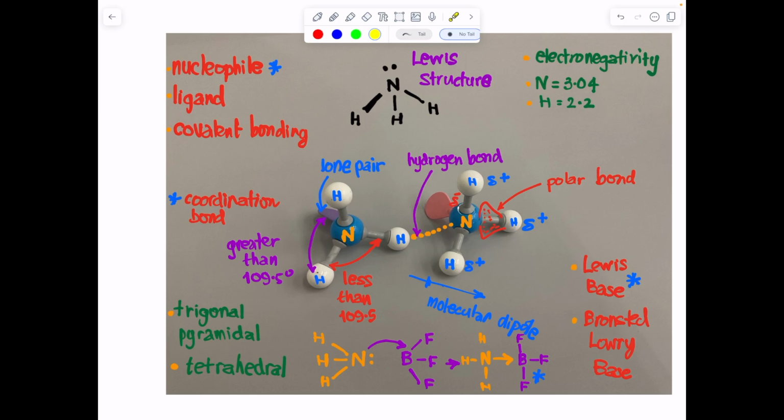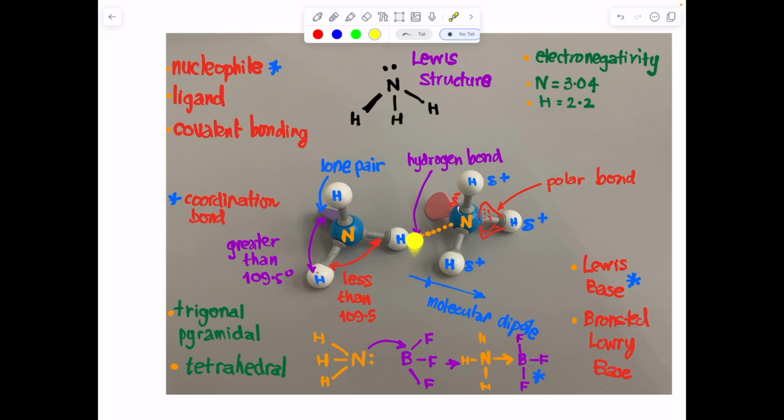The strongest of the intermolecular forces, of course, is the hydrogen bond between these 2 points. Hydrogen bonding would mean that molecules like ammonia would have higher boiling points than molecules like PH3, which don't have hydrogen bonding, but have dipoles.